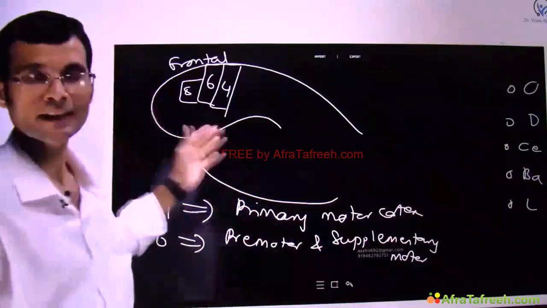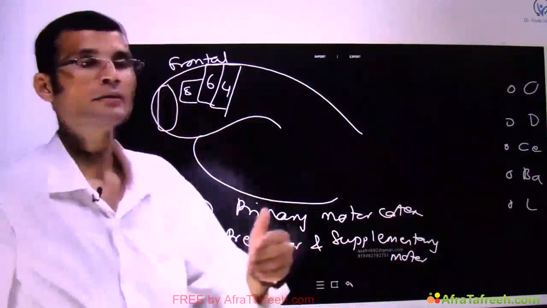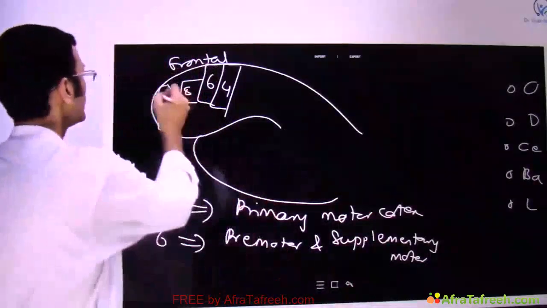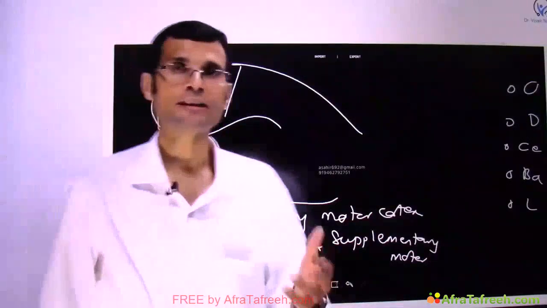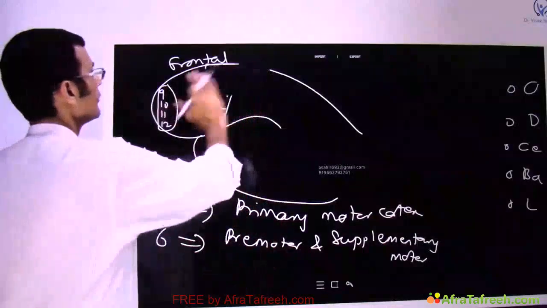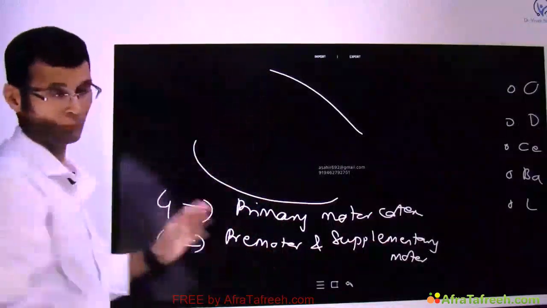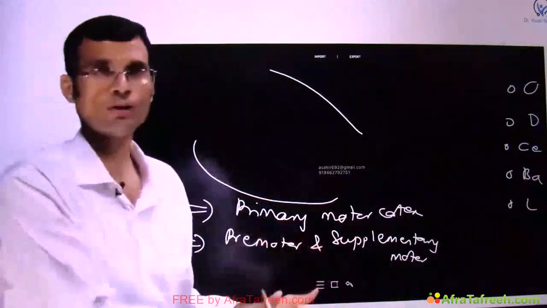Areas 9, 10, 11, 12 in the prefrontal cortex, they are said to be seat of intelligence and social behavior. So seat of intelligence in the prefrontal cortex, most anteriorly, 9, 10, 11, 12. Of course, they are not concerned with the current discussion. We are currently talking about the motor cortex.